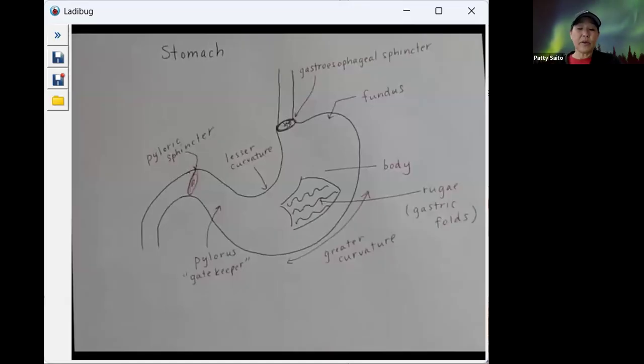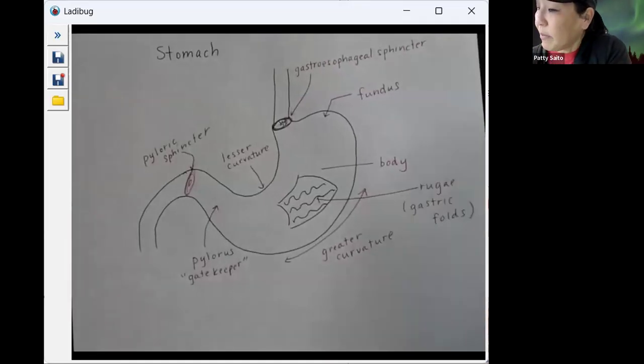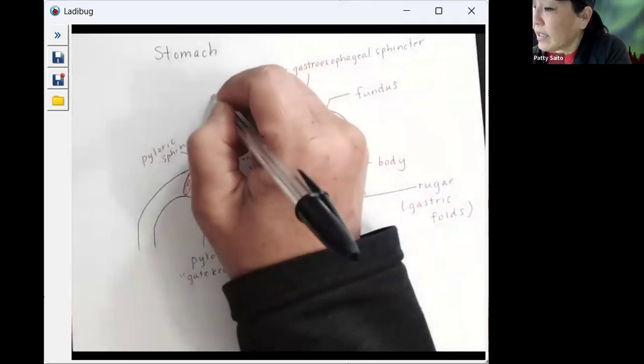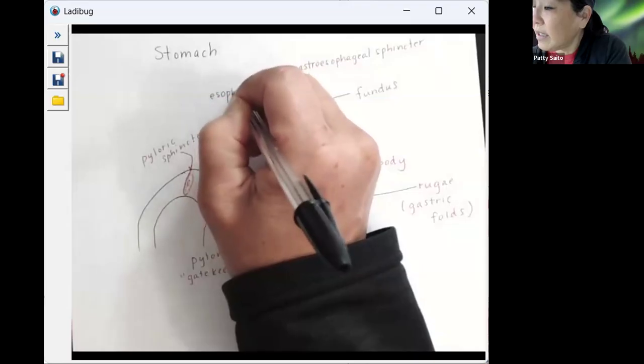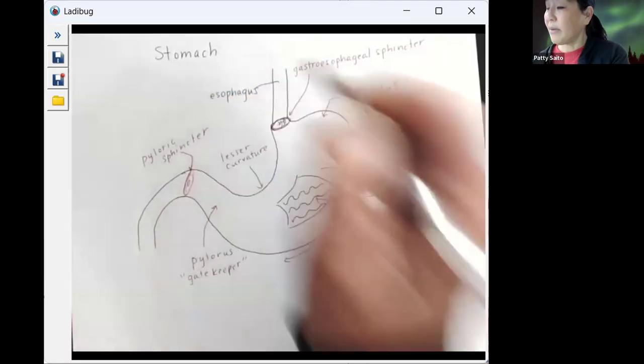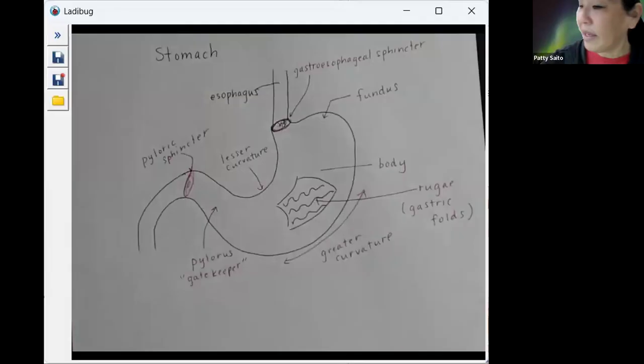Sometimes, in a cadaver, we'll open up a cadaver stomach and find it very smooth in there. So the stomach was actually full and stretched out upon death. All right, and then maybe I should label my esophagus, which is not part of the stomach, but it leads into the stomach.